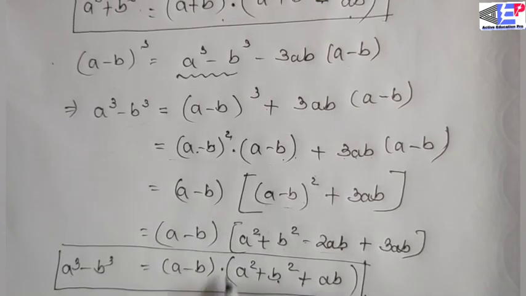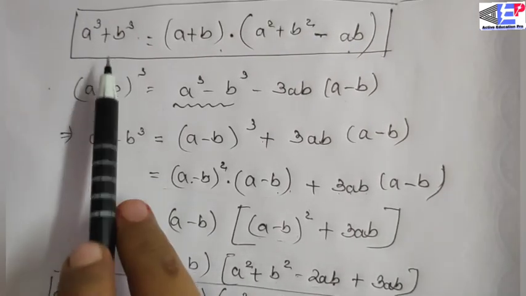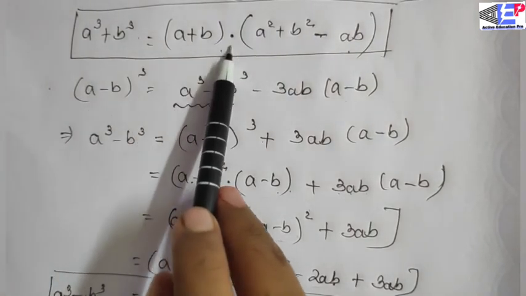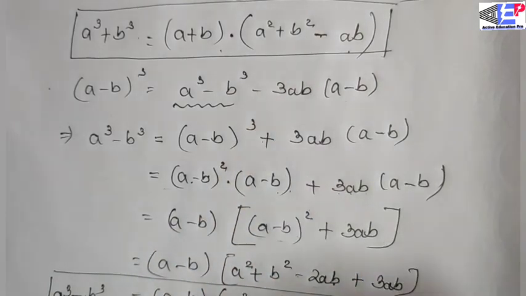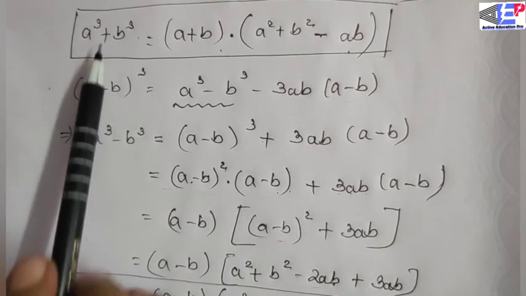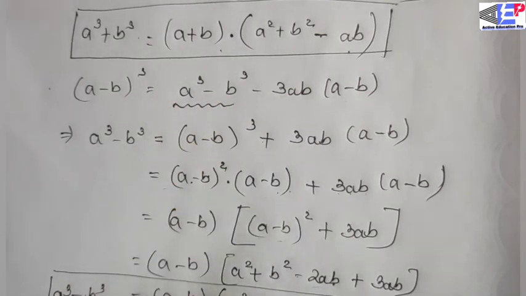The formula of a cube minus b cube is (a minus b) into a square plus b square plus ab, and the formula of a cube plus b cube is (a plus b) into a square plus b square minus ab. Both these formulas consist of factors, not terms.